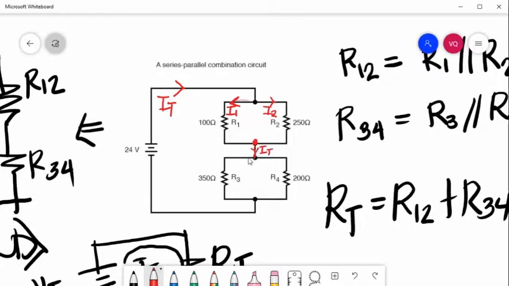Then total current will split again into two branches. Current flowing in R3 is your I3. Current flowing in R4 is I4. Again, I3 and I4 will meet at this node, and the total current again will go back to the source. So this is your total current. So that is the flow of your currents.